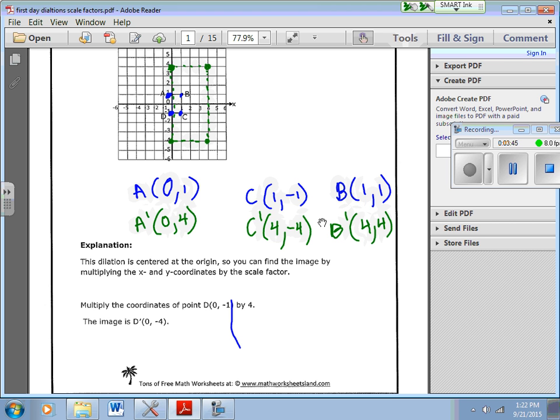Okay. So go ahead and highlight your new image. I passed out the highlighters. And does everybody see that image highlighted? Does everybody see the original image?